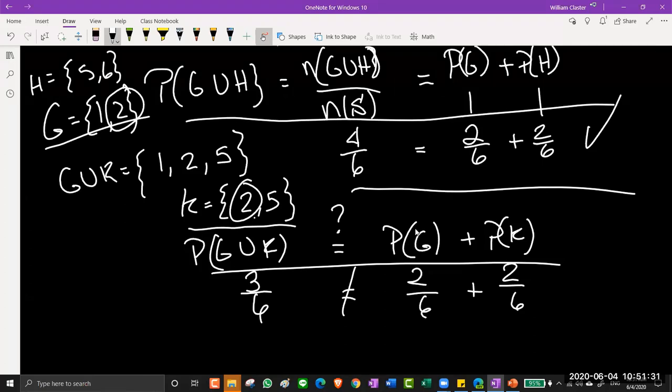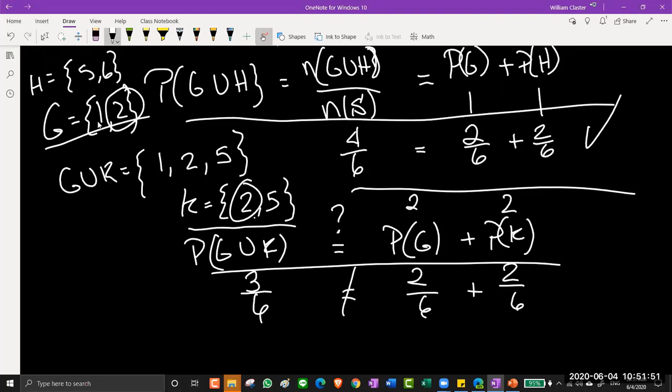Why does that make it not work? Because when we count the probability of G in our calculation, we get 2 out of 6. And for K, we also get 2, right?